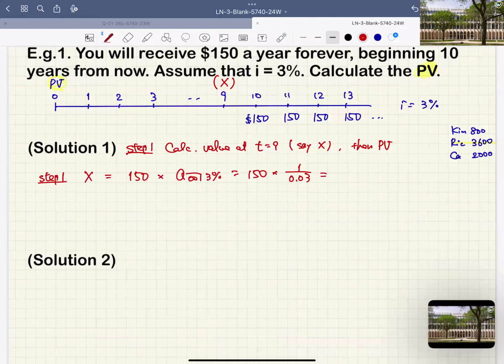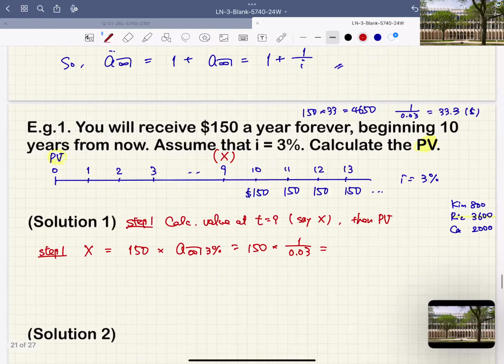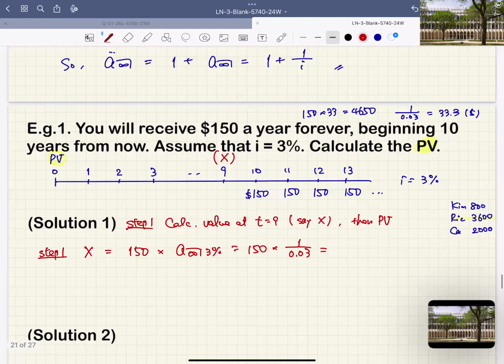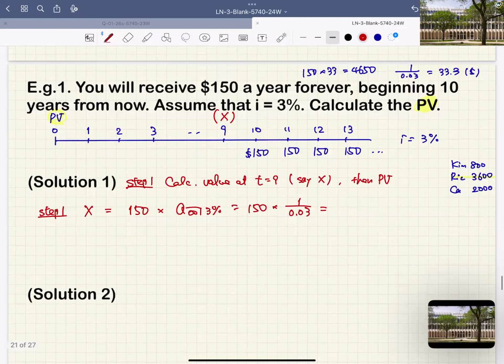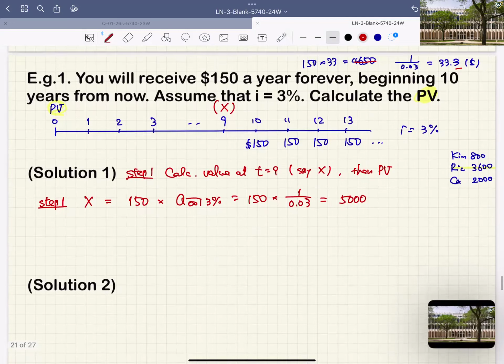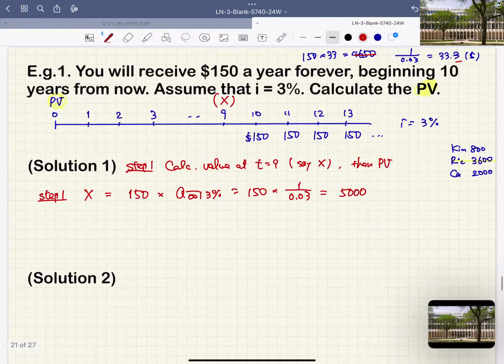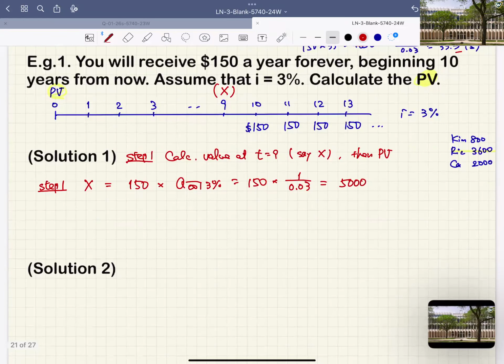That is equal to, sorry, this is not really 6. This is equal to 5,000. Yeah, that's right, 5,000. Maybe some rounding errors. And then step 2: we calculate PV.